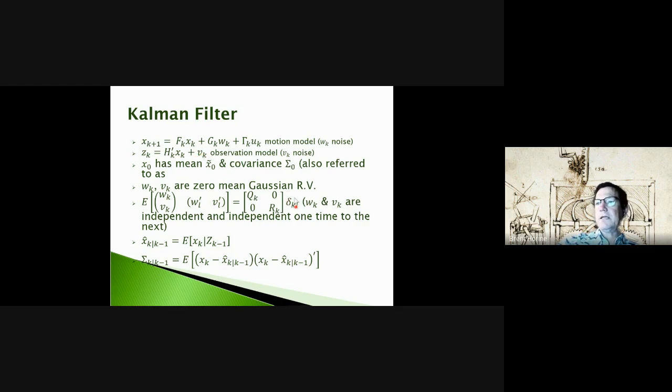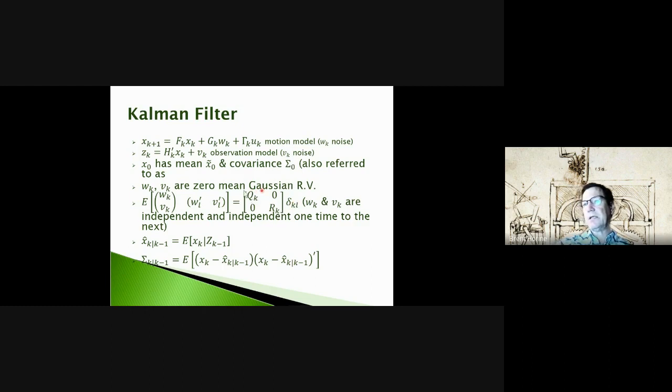And then this delta, this is a Kronecker delta. So this is equal to 1 if k is equal to l, and it's equal to 0 otherwise, right? So only when these k's and l's are the same do we have a value here. Otherwise, it's 0. So this is talking about autocorrelation, if you studied this from your probability theory course.